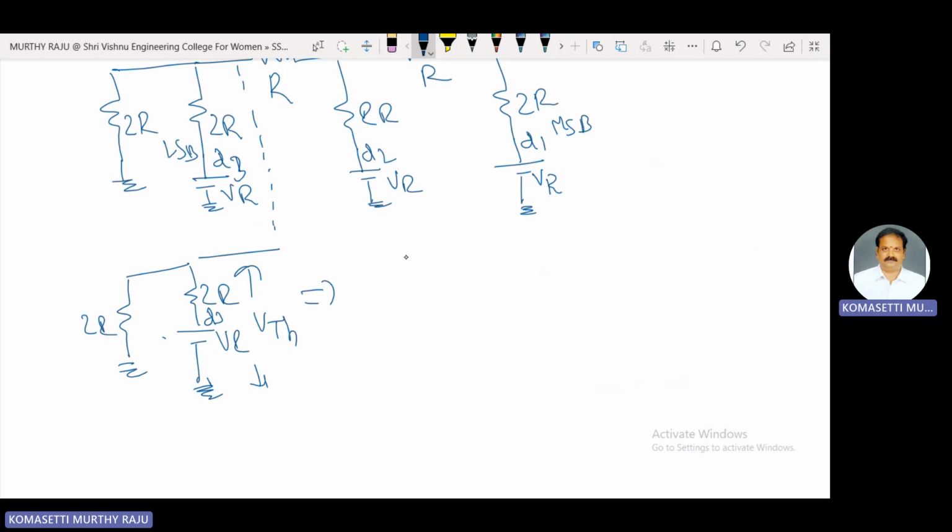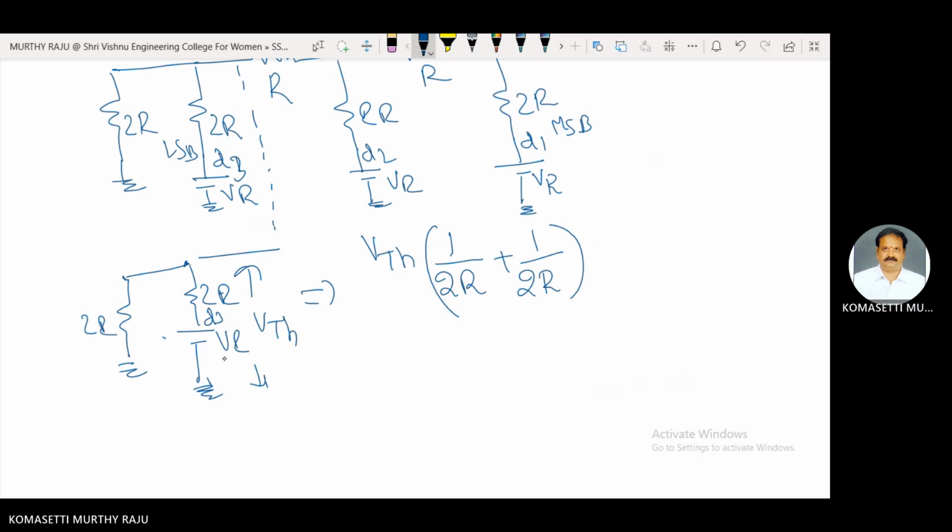Apply nodal analysis to this node. The node voltage is VTH. To this node, two resistances are connected, 1 by 2R plus 1 by 2R. The adjacent node voltage is VR.